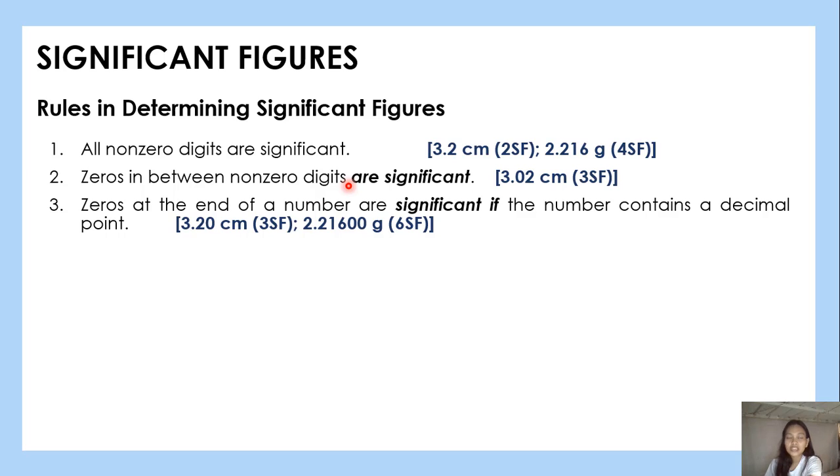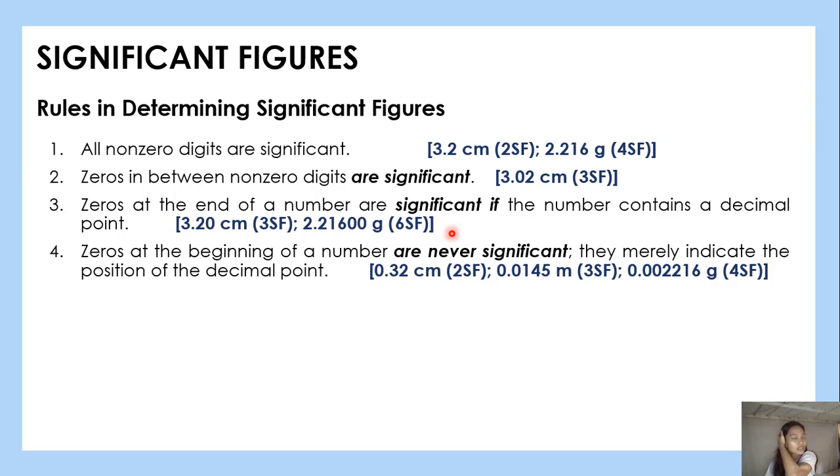The third one is zeros at the end of a number are significant if the number contains a decimal point. So the zeros at the end are only significant if they are with a decimal point. So we have this example. That means all of them are significant figures.